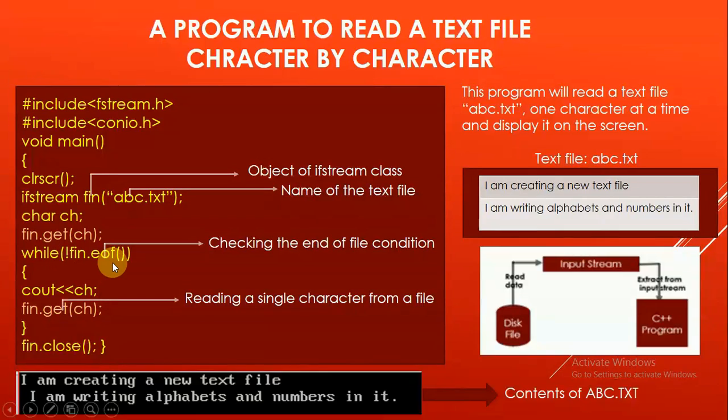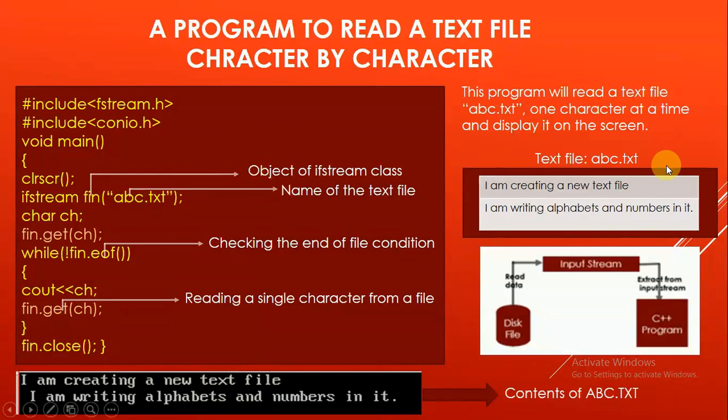Here I have used the condition while not fin.eof. So unless or until the end of file is reached, I am simply displaying the character from the file, and again reading the next character from the file. So this loop will continue as long as end of file is not reached. When the end of file is reached, I will close my file.